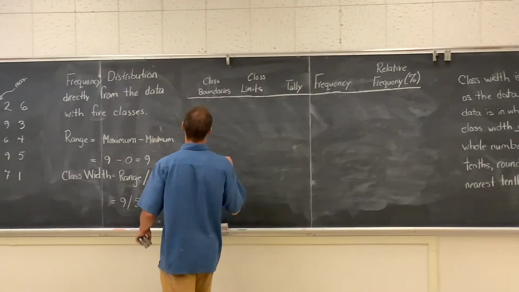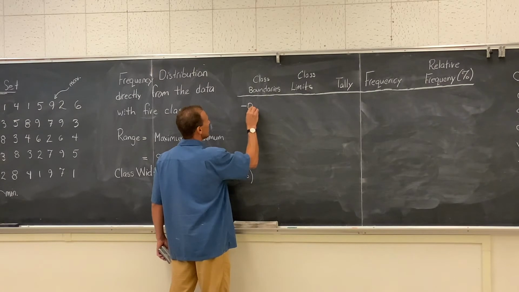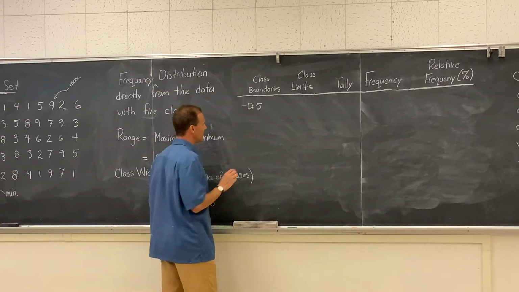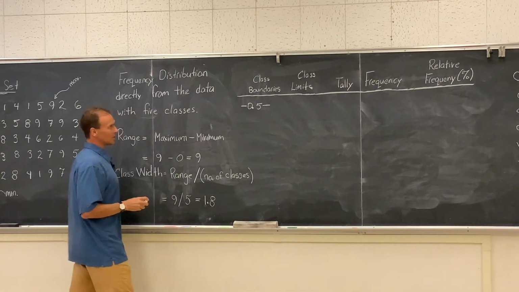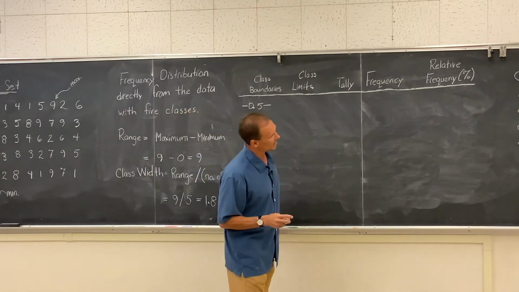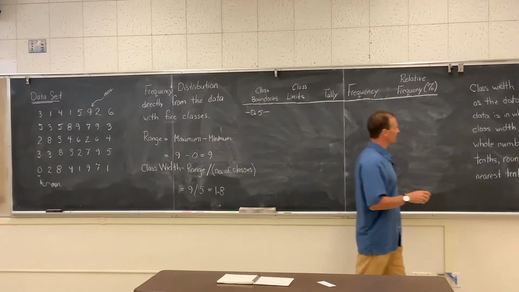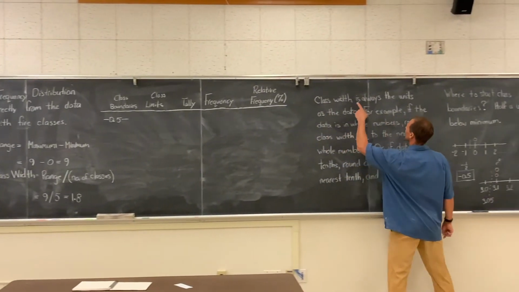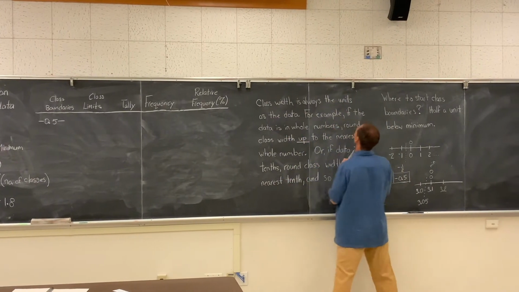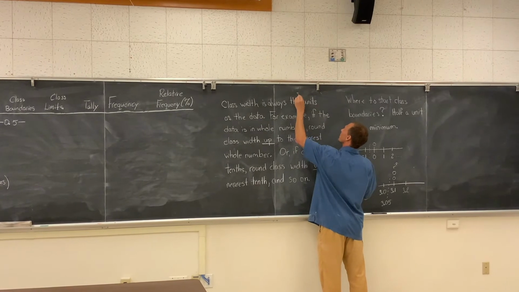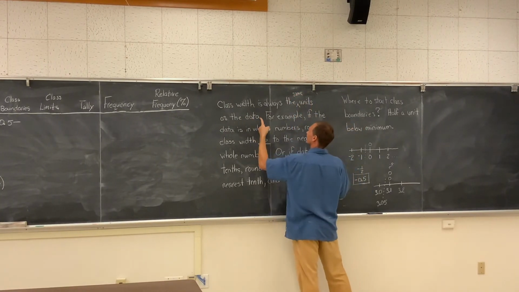Let's put that on our frequency distribution. So here we go. Our first class boundary is -0.5. And it goes up to, well, here we just use our class width. What did we say our class width was? I forgot to write it down. But let's take a look. It says class width is always the same units as the data.